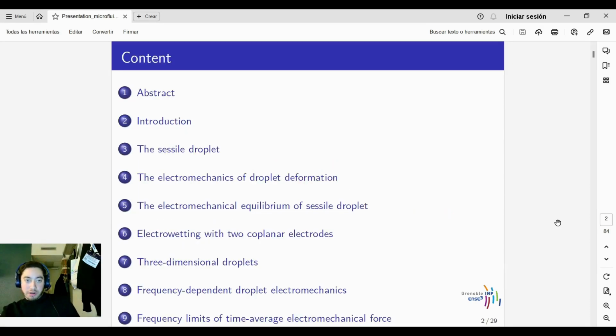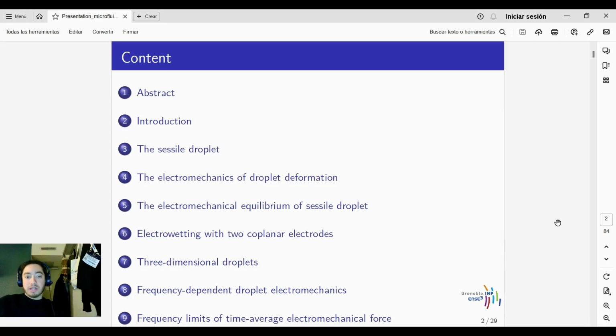Here we can take a look at the main parts of the article, starting with an abstract, then the introduction. Then the author introduces the definition of the sessile droplet, or the leaky droplet, which we're going to explain later in more detail.